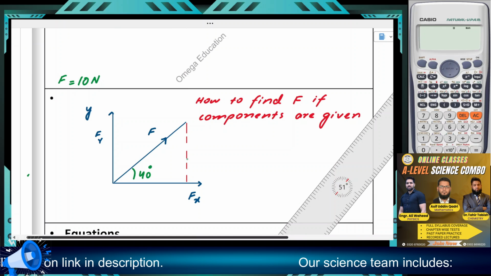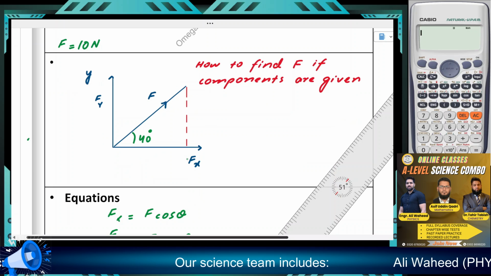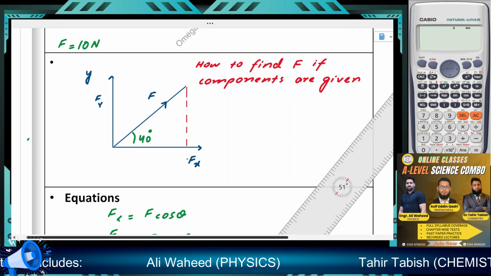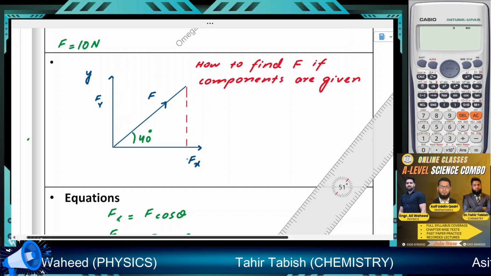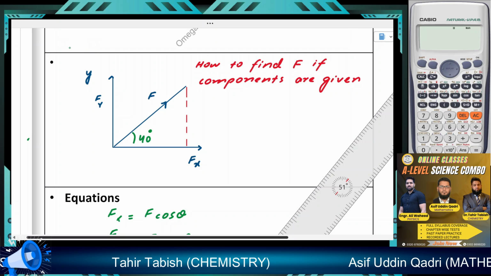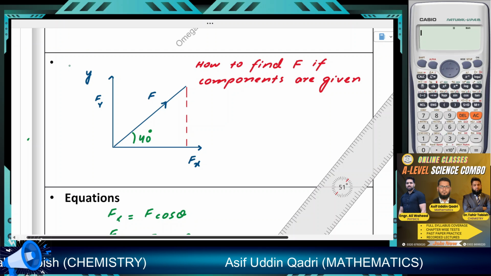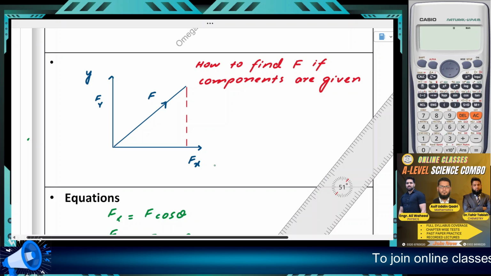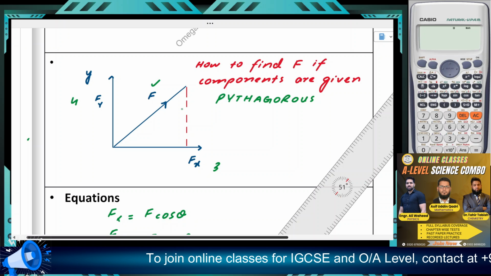But the question is, what if you're provided with the components of the vector? Can we find the vector itself? So we're not provided with this 10. We don't know it, and we are not even provided with the angle. However, we are provided with Fx and we are also provided with Fy.